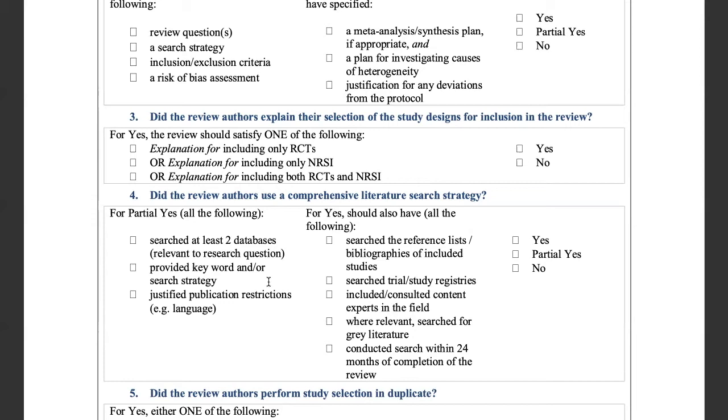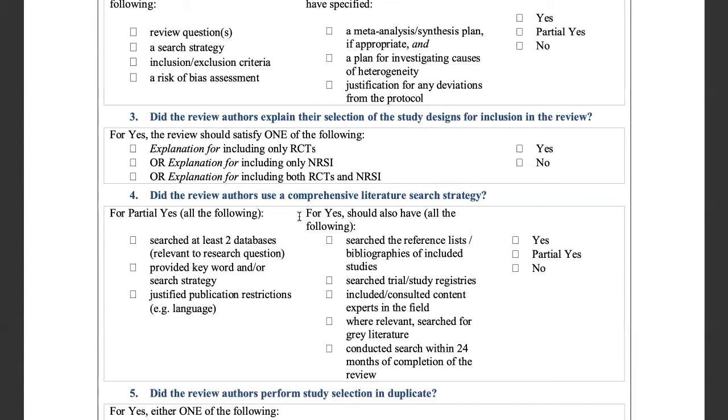And also they need to justify if they conduct any publication restrictions such as language, country, or year of publication. So if all of these three are met, it's partial yes, and if at least one of these three is missing, it's no.